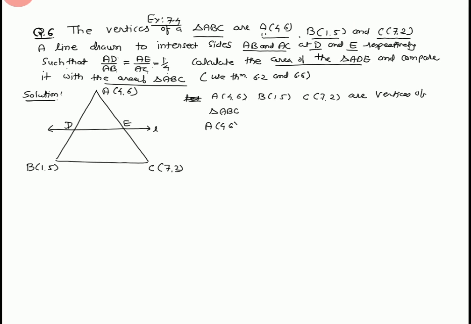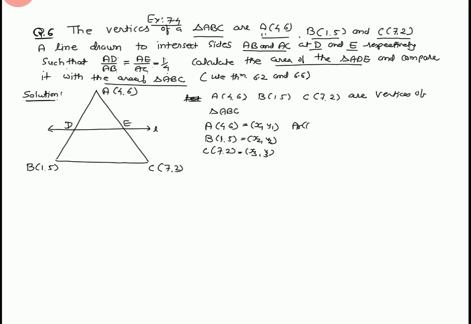A(4, 6) is (x1, y1), B(1, 5) is (x2, y2), C(7, 2) is (x3, y3), right?